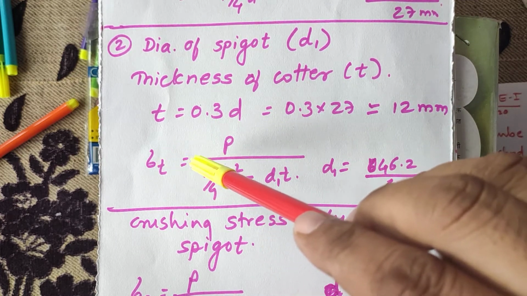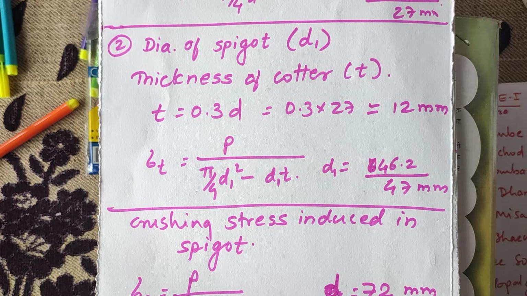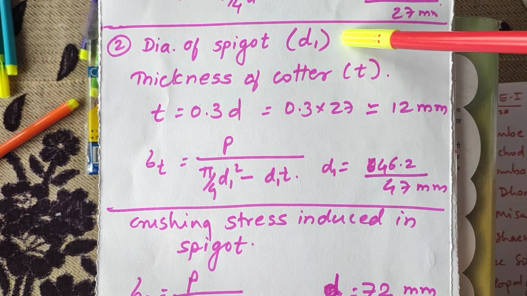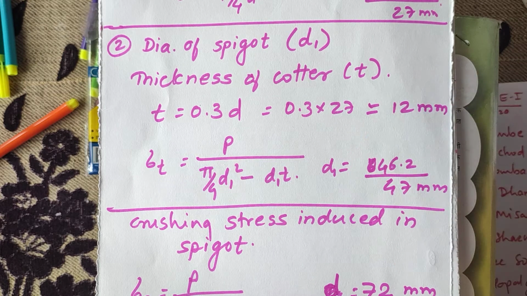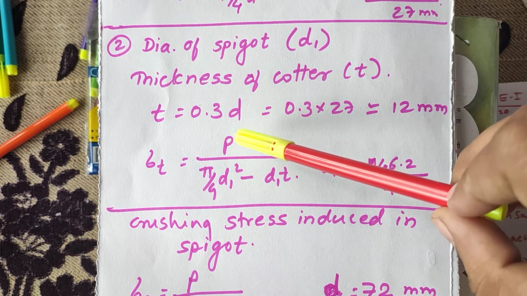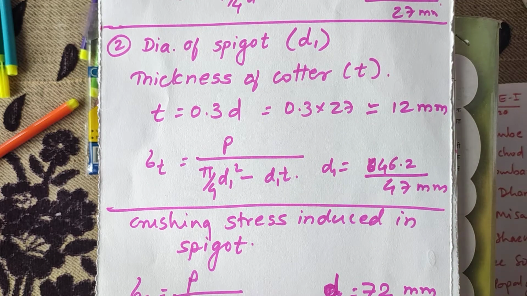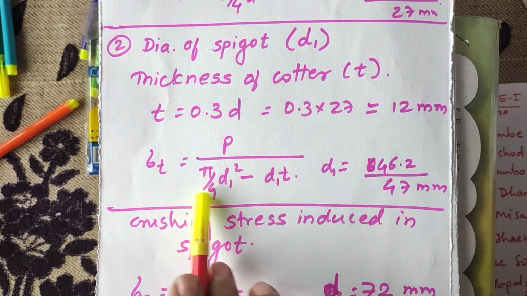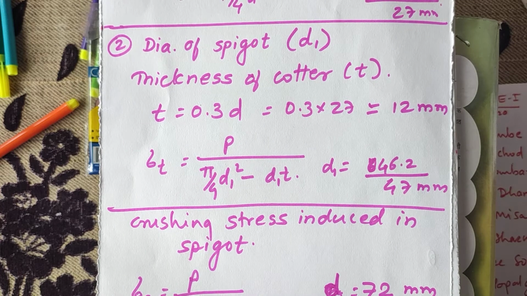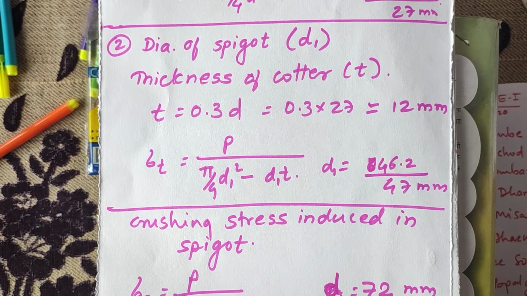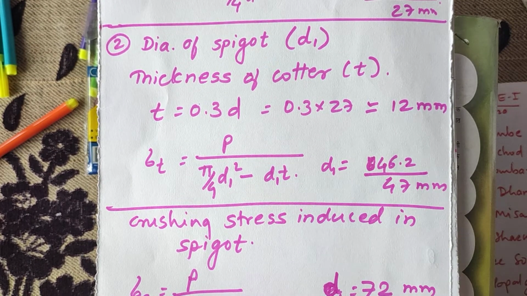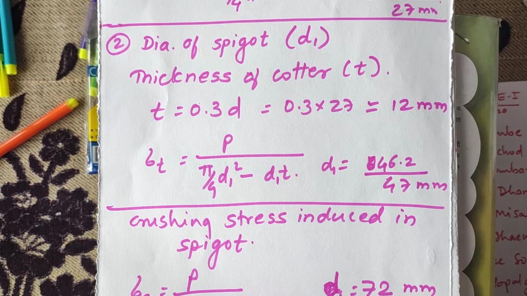Then to find out the diameter of the spigot, small d1, consider the tensile stress acting on the spigot, P upon pi by 4 d1 square minus d1 into T. This is the cross section where the tensile stress is acting. Considering this, you can find out the small d1, the diameter of the spigot.